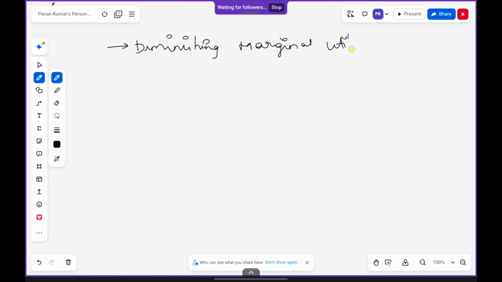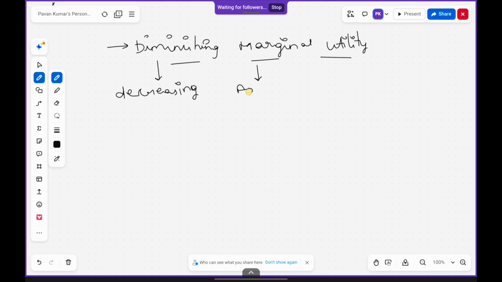So, what do we really understand by diminishing marginal utility? We'll learn by the name first. What do we understand by diminishing? Diminishing is a word which explains that it is decreasing. Diminishing means decreasing. And let's understand what is marginal.